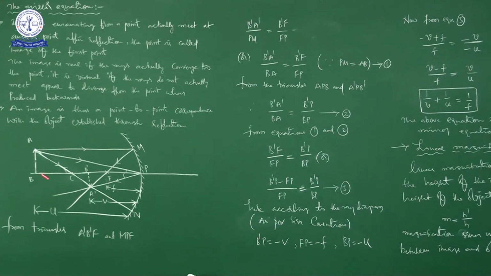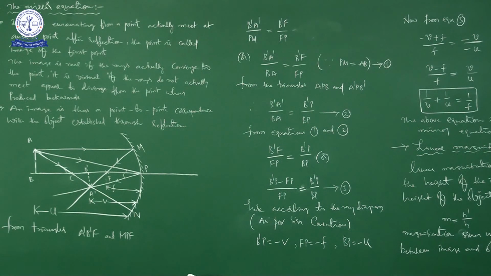See how we are comparing the sides, right? Next, B'P/BP, the distance from T to B, right? It is like equation number 2. So this is equation number 1, and this is equation number 2.